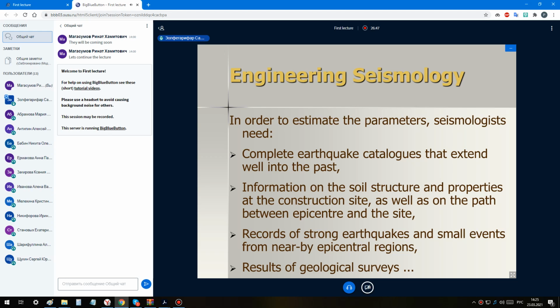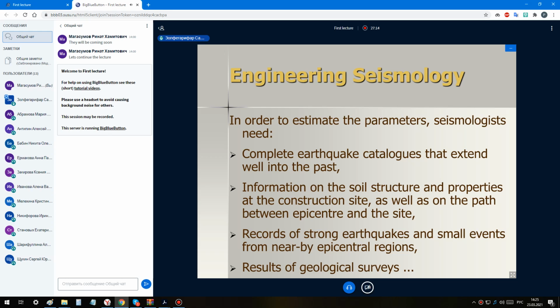In order to estimate the parameters, seismologists need, first, a complete earthquake catalog that extends well into the past. Second, information on the soil structure and properties at the construction site, as well as on the path between the epicenter and the site.